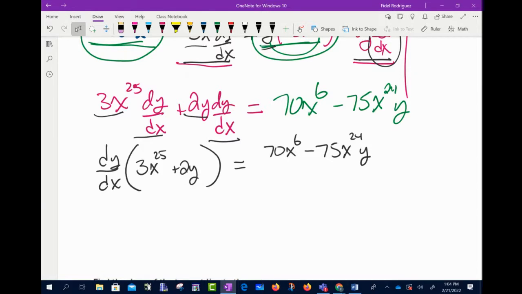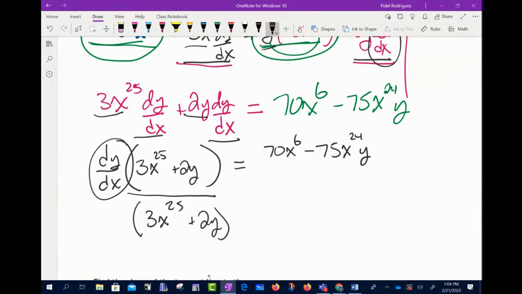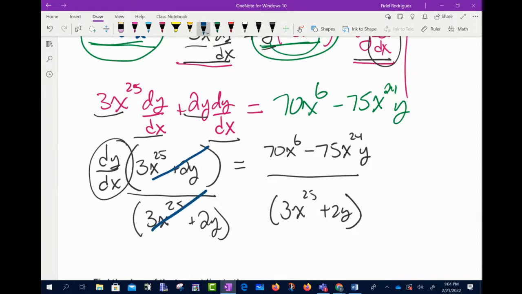Are you talking on the right side? Yeah, John, there's a lot of stuff we could factor on the right side, but I want to remember what the objective here is. The objective is, can we get this guy by itself? So look what we're going to do now. We're going to divide both sides by 3x to the 25th plus 2y. So now, this piece here and that piece there are going to cancel.